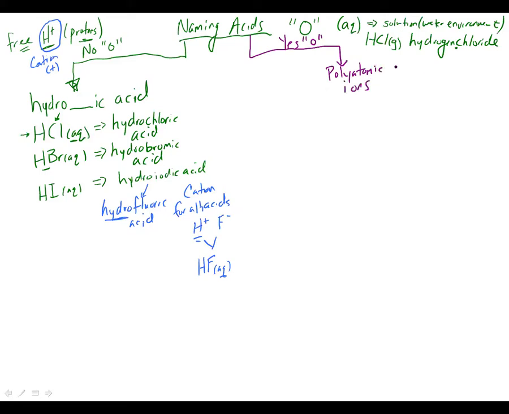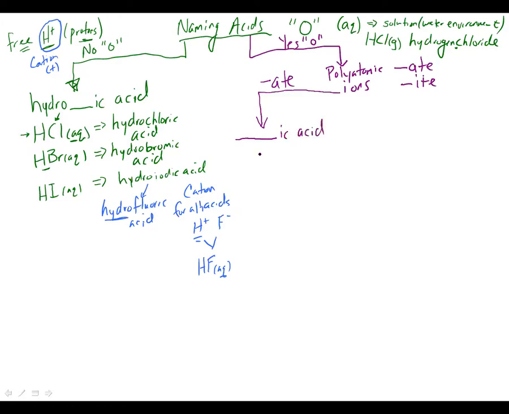As we just talked about, they typically end in one of two ways: ate or ite. Depending on which way the polyatomic ion ends determines how you will name it. If the polyatomic ion ends in ate, your acid name will be something ic acid.